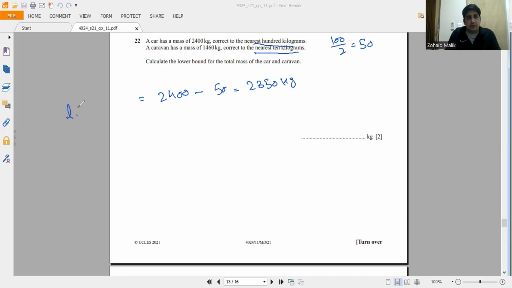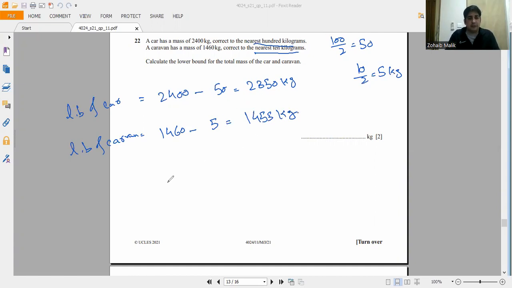और दिस इज लोअर बाउंड ऑफ कार, एंड देन लोअर बाउंड ऑफ कारवान, which is 1460 minus, nearest to 10 kilogram. 10 का हाफ होगा 5 kg, तो इसका मतलब है कि इसमें से हम 5 kg माइनस कर दें तो 1455 kg.